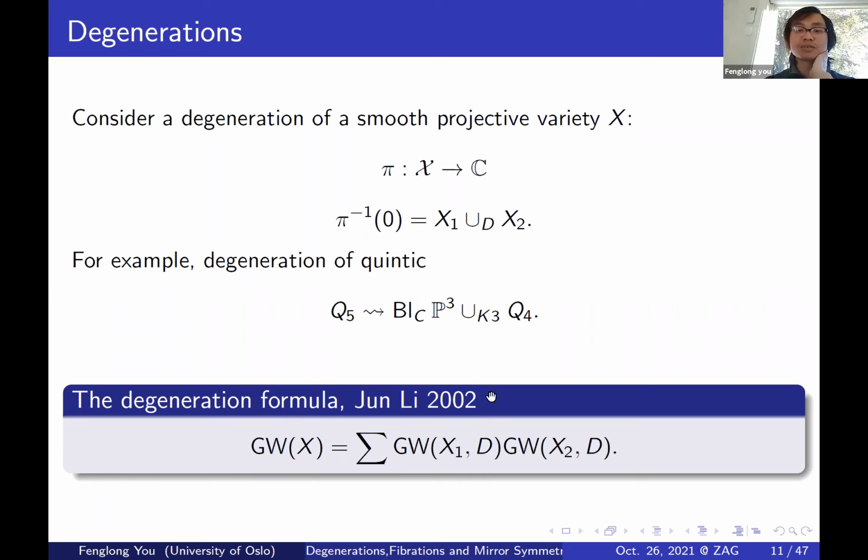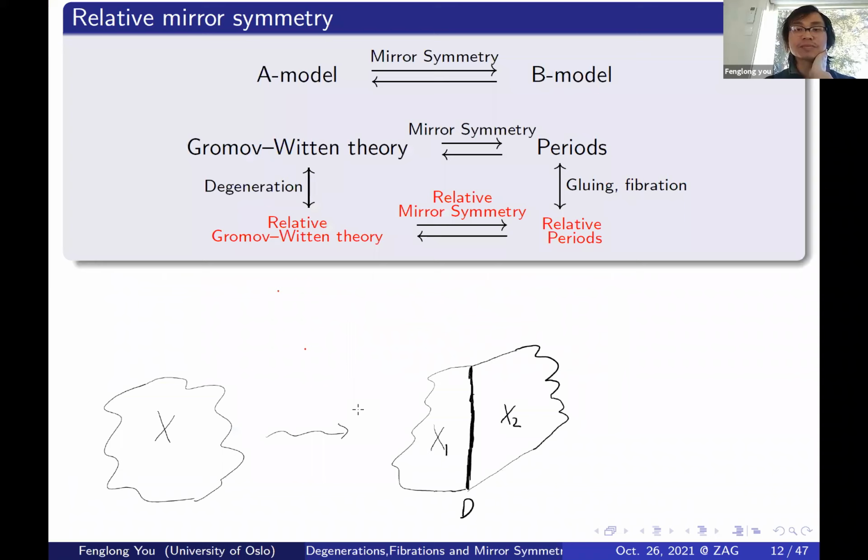So this was proved about 20 years ago. It's also a classical story. So these two parts are classical stories: the relation between Gromov-Witten invariants and periods, and the relation between Gromov-Witten invariants and relative Gromov-Witten invariants.